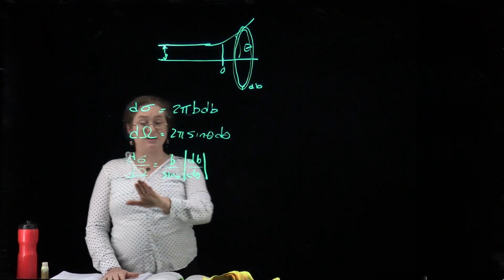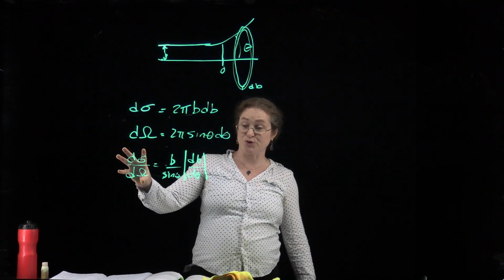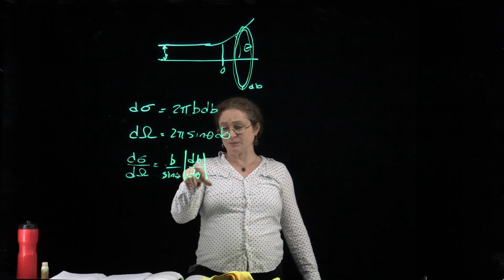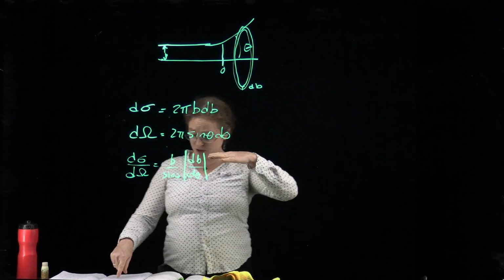Okay, so this gives me a way to relate the differential cross section, which is likely what I measure, to the impact parameter as a function of theta.